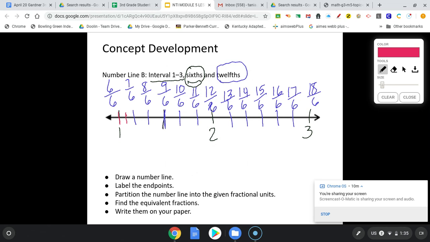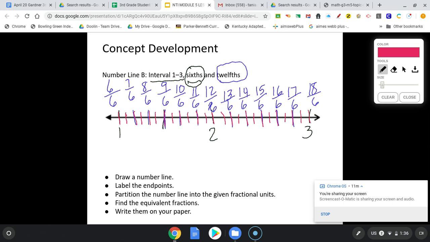So 1, 2, 3, 4, 5, 6, 7, 8, 9, 10, 11, and then there's 12. Okay, now let's do the other one the same way. 1, 2, 3, 4, 5, 6, 7, 8, 9, 10, 11, 12.